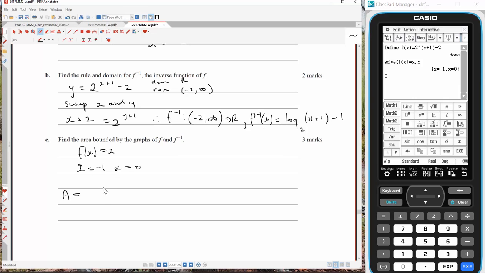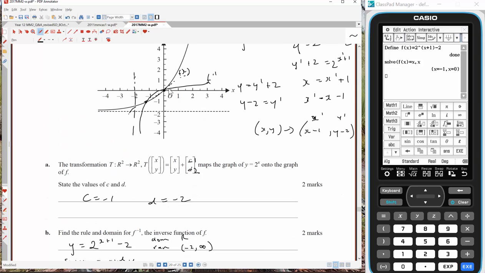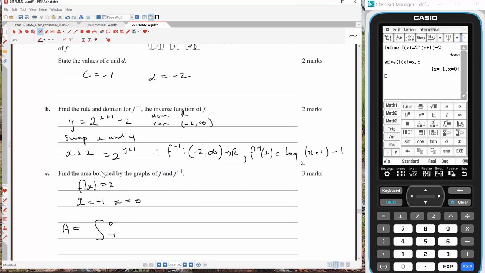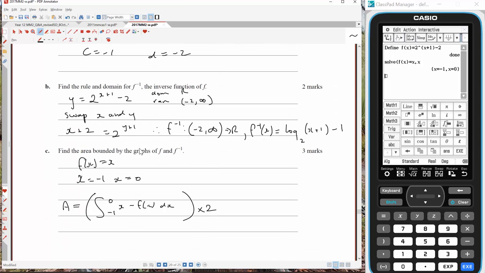Area equals integral from -1 to 0. Now, top function is going to be x, bottom function is f of x. And then we'll double that result. So that's the below part, and then we'll double it to get the above part as well.